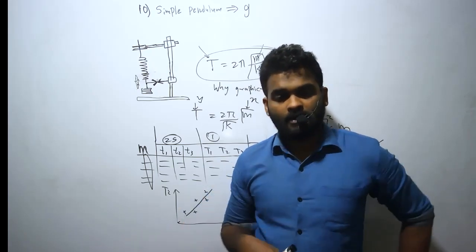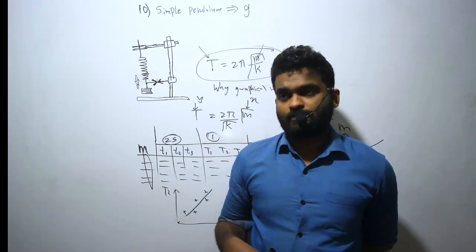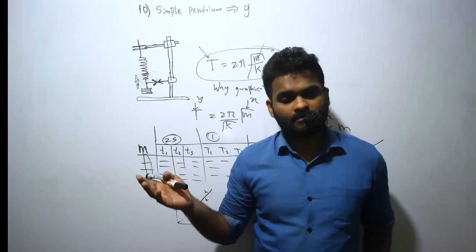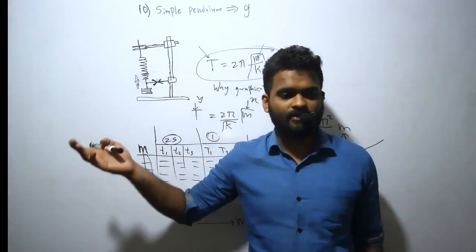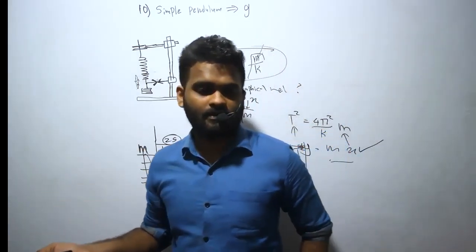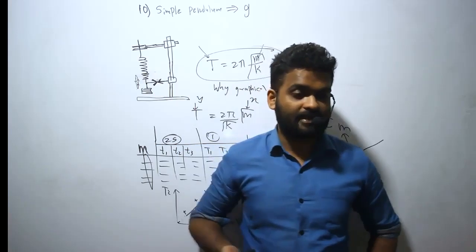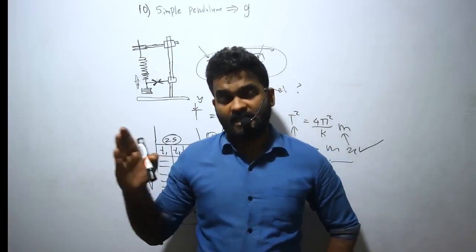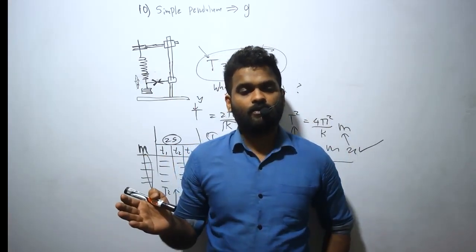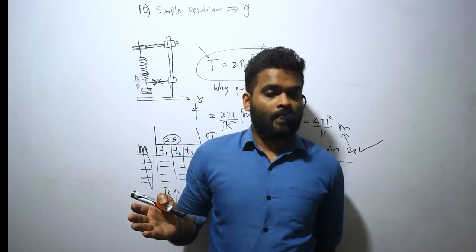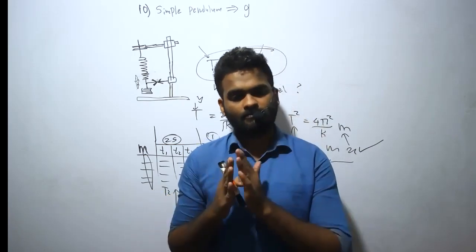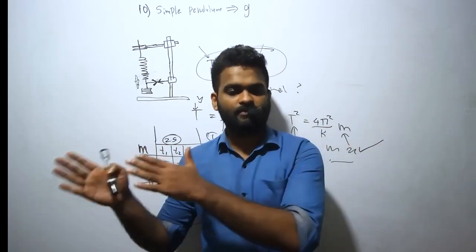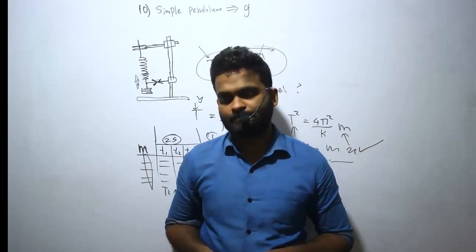There are two main parts of physics. That is theoretical physics. Theoretical physics is what we are doing when you are doing questions. Another part is experimental physics. When you are going for a PhD or something, those are two branches: experimental physics and theoretical physics.